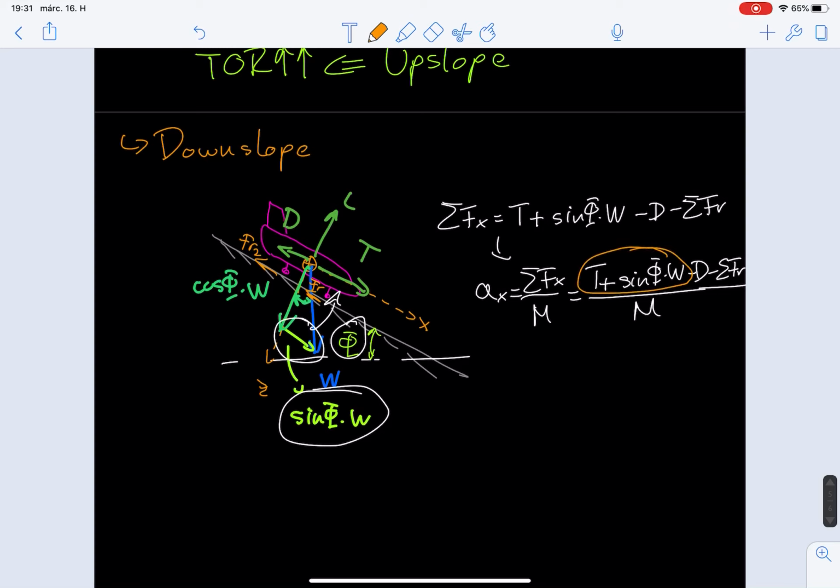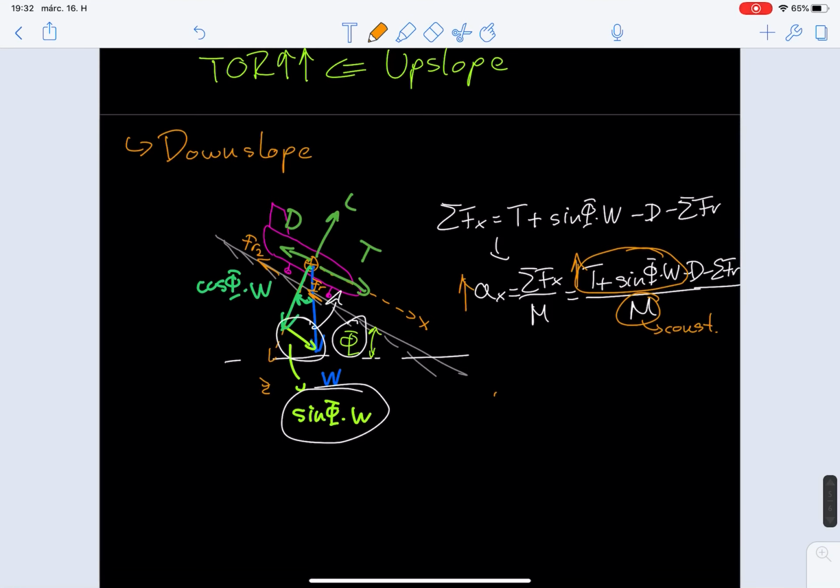And so the entire excess thrust is going to be larger, so if the mass is a constant, then the entire fraction is going to be larger, so the acceleration is going to be higher. So if you have a downslope, your takeoff run is going to decrease.